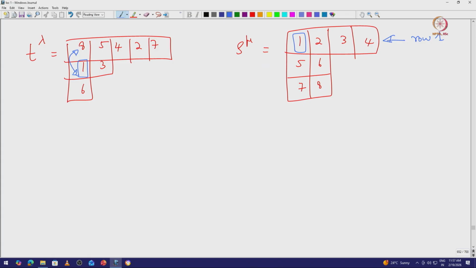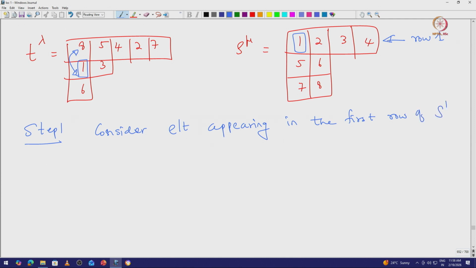So, what are we doing? As step 1, we are considering the element appearing in the first row of S mu and identifying them in T lambda.